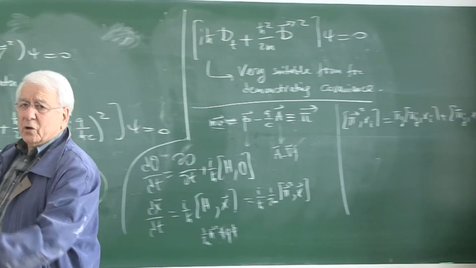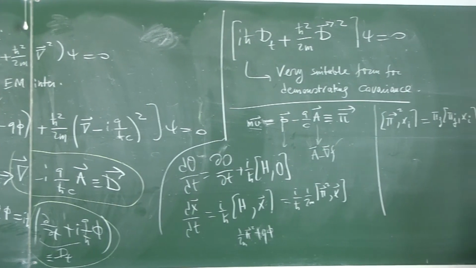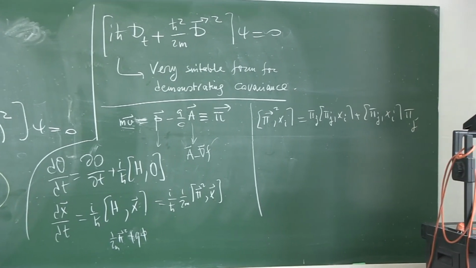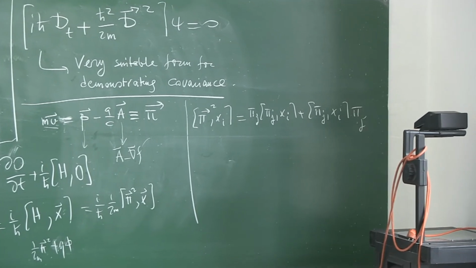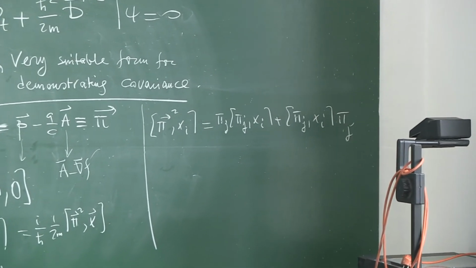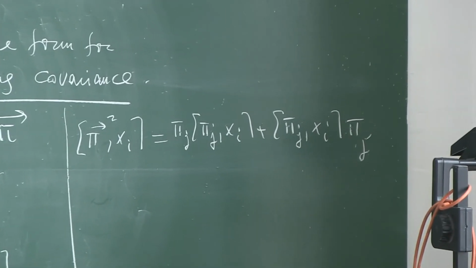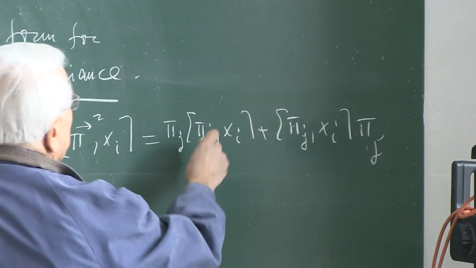So that's the usual decomposition. There's not too much of a problem. And pi contains p, the canonical momentum, and a function of A, so the second term doesn't contribute to those commutators. Any component of x commutes with any function of x. So this one is just [p_j, x_i].